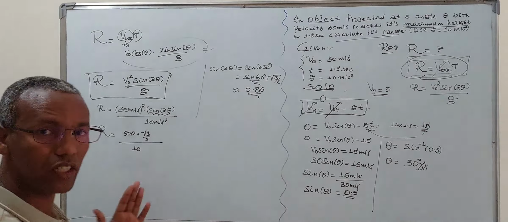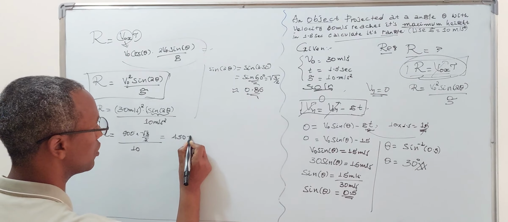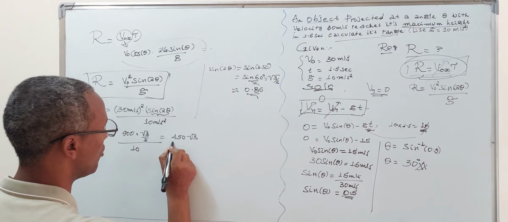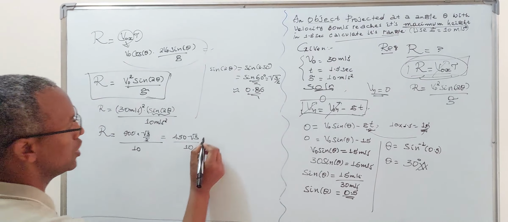From here you can cancel this, and then you will get 450 times square root of 3 over 10. You can cancel this as well, and finally you will get 45 square root of 3.